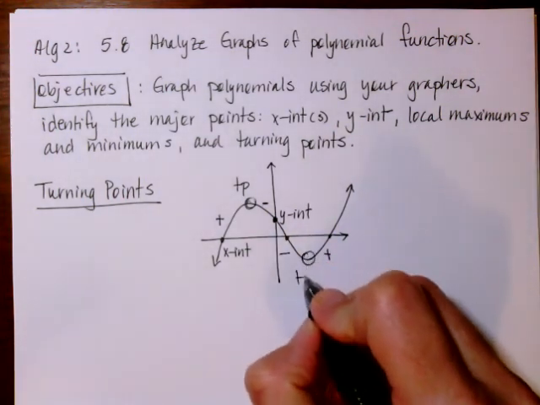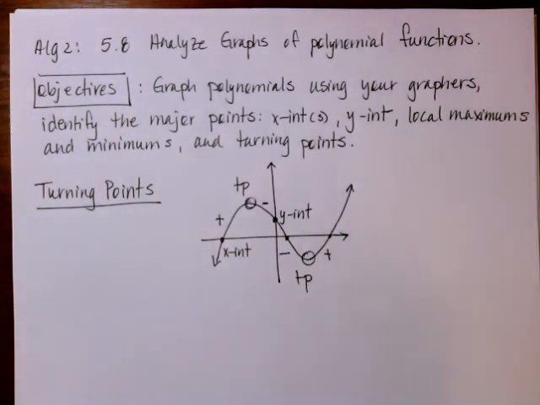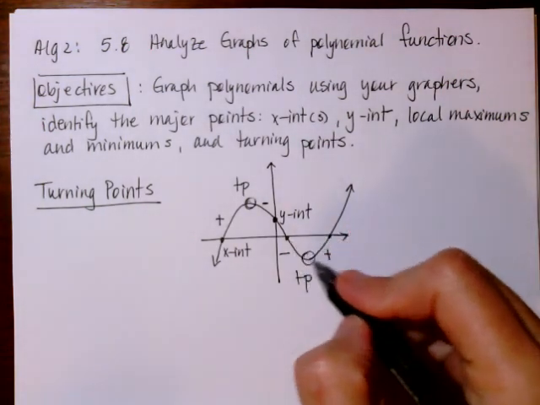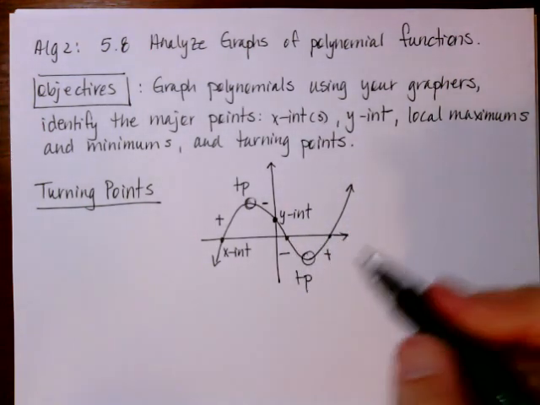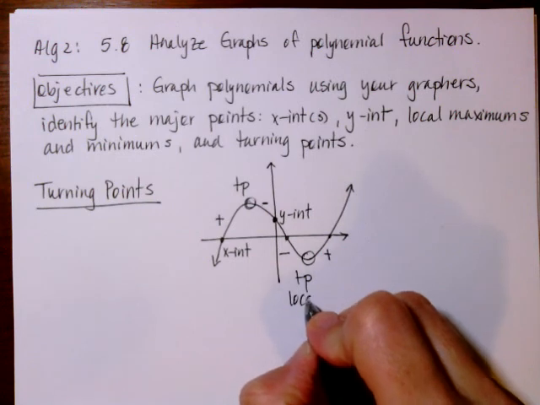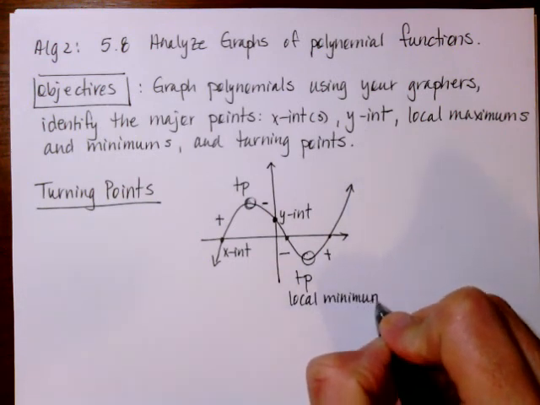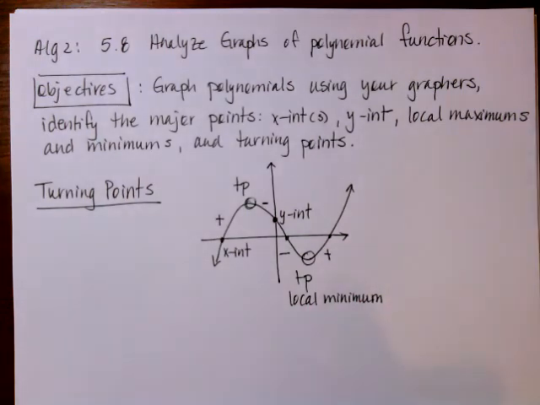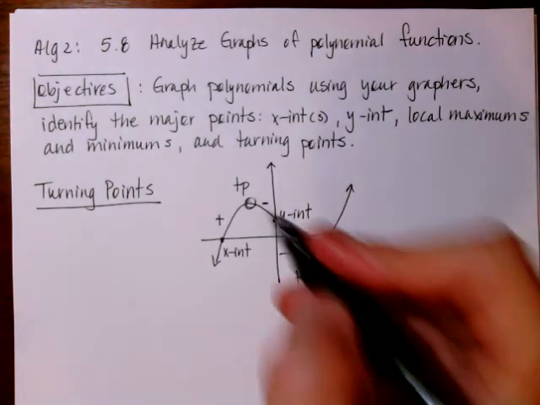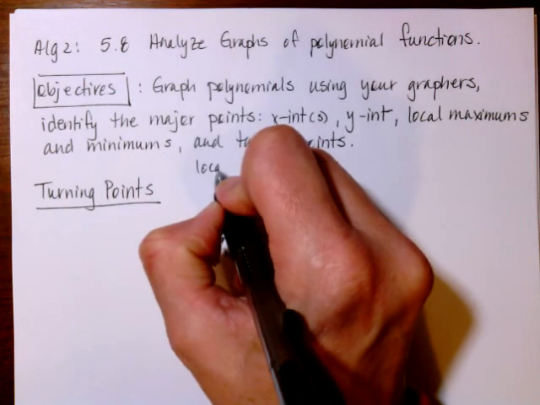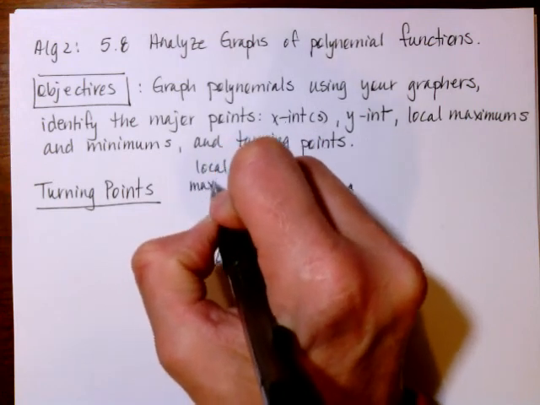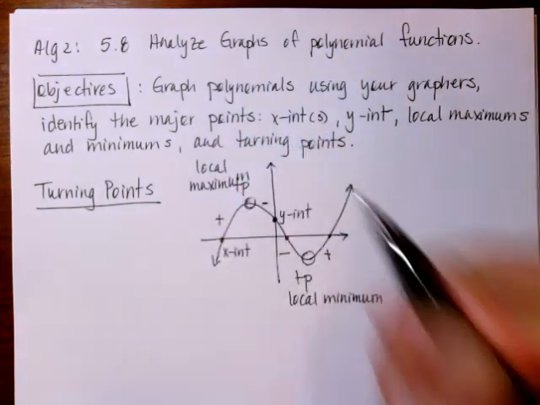So this is also going to be a turning point. Okay? So when it changes directions. This is also called a local minimum. If you'll remember, we talked about that way earlier when we talked about our graphs of parabolas, and this is called a local maximum. Okay?